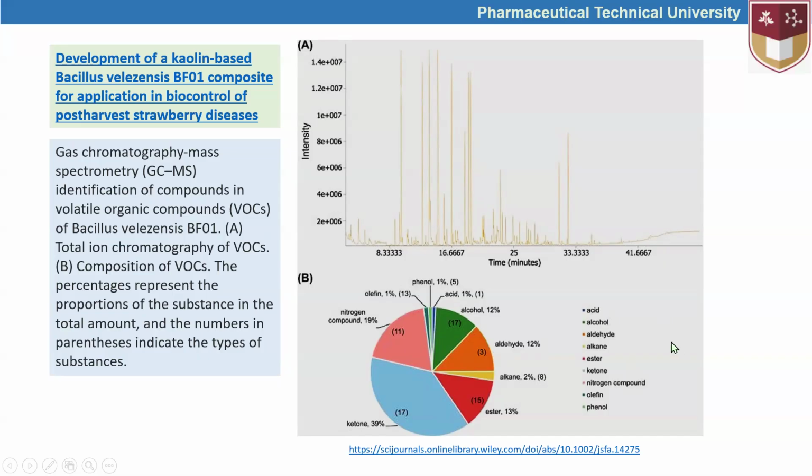So then we can compare different extractors, and we can compare not only one class of compounds, but also classes of different compounds in different extractors. So then the profiles of different extractors could be compared.